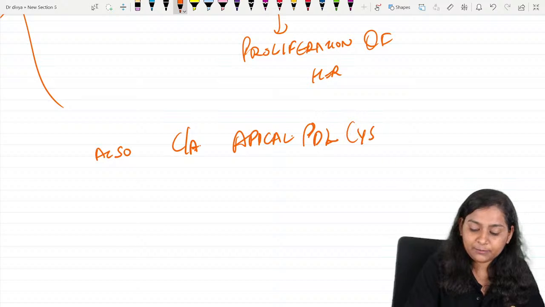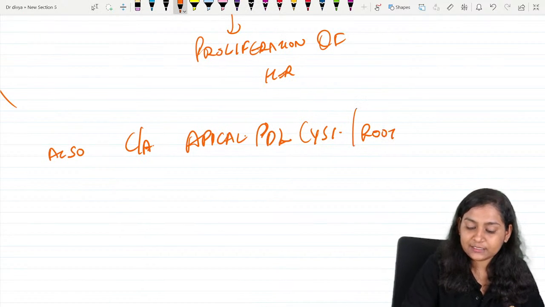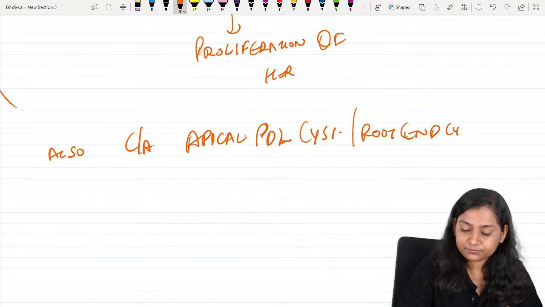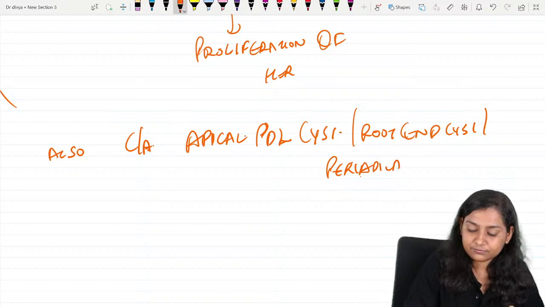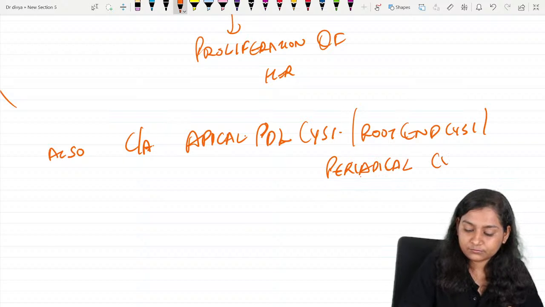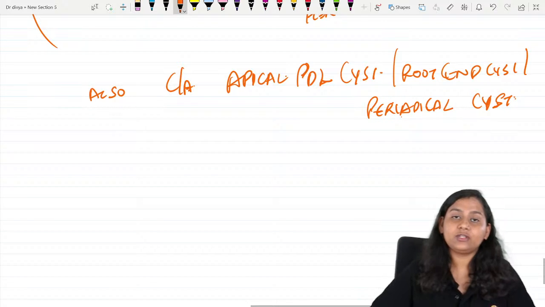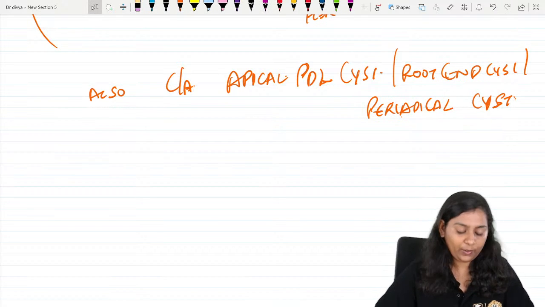Why periodontal? Because periodontium is involved. It is also called as root end cyst because it is present at the end of the root, and it is present in the periapical area of the tooth. It is also called as periapical cyst.